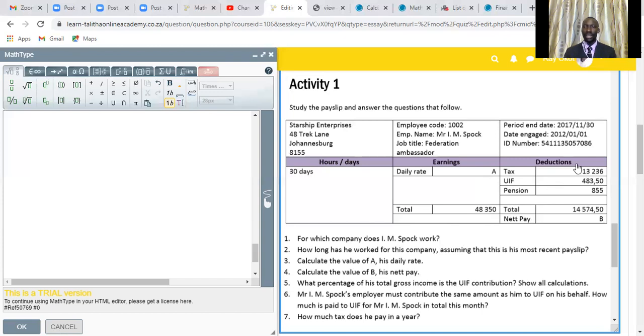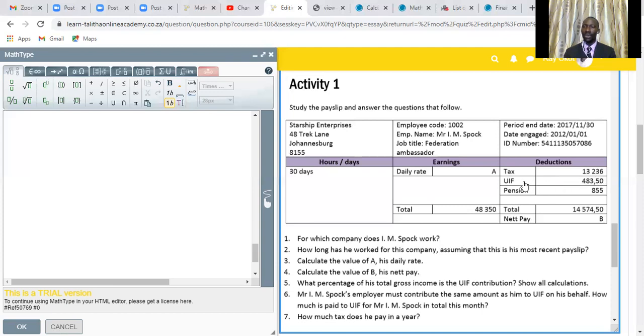Then we also have deductions. The deductions, as I indicated earlier, are the amount of money which is withdrawn from the gross salary of the employee. It occurs as tax, pension, UIF, things like insurance and stuff like that. So here tax is 13,236.